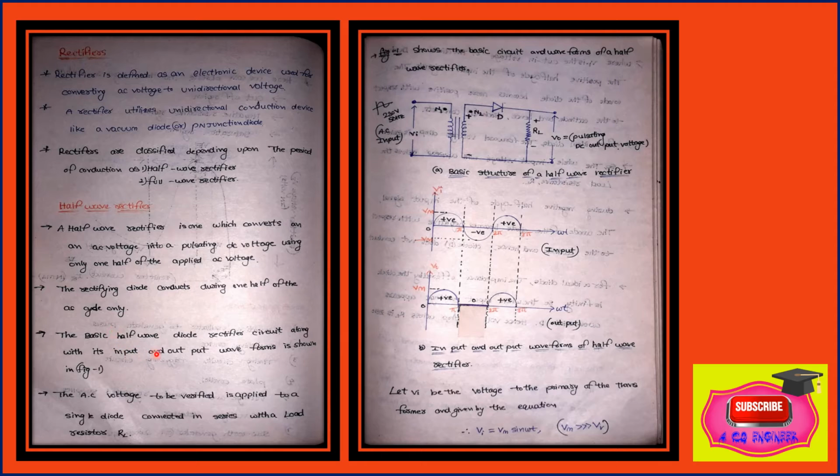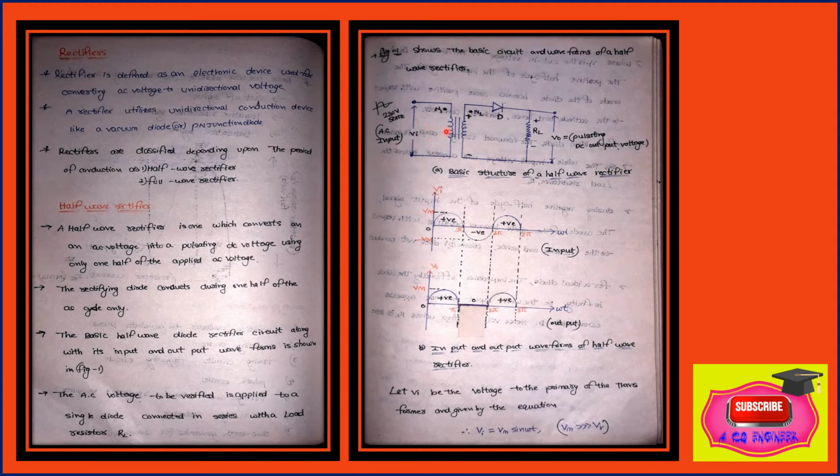The basic half-wave diode rectifier circuit along with its input and output waveforms is shown in the figure. The AC voltage to be rectified is applied to a single diode connected in series with a load resistance RL. Here we observe the circuit diagram and basic structure of a half-wave rectifier.